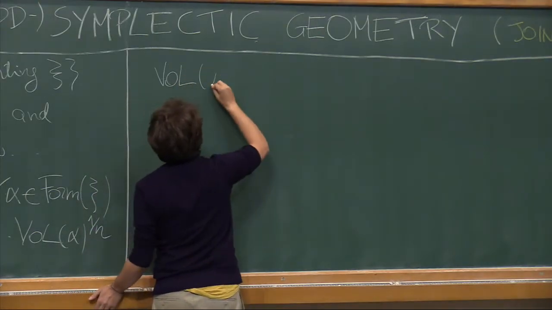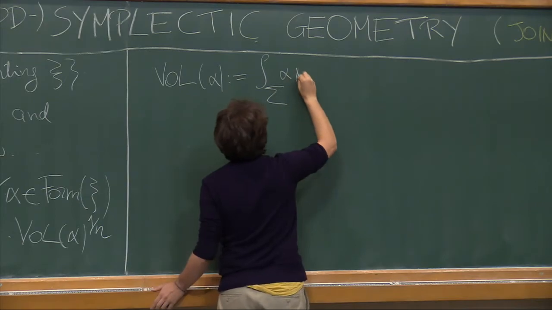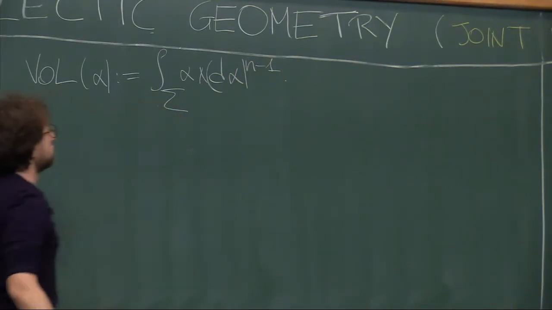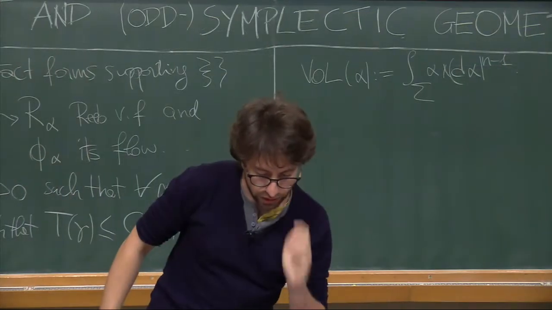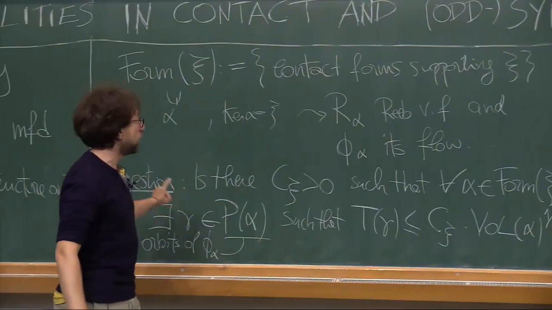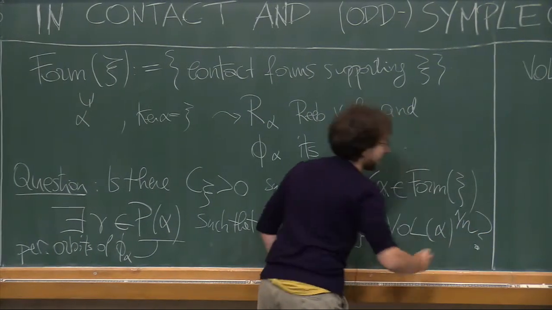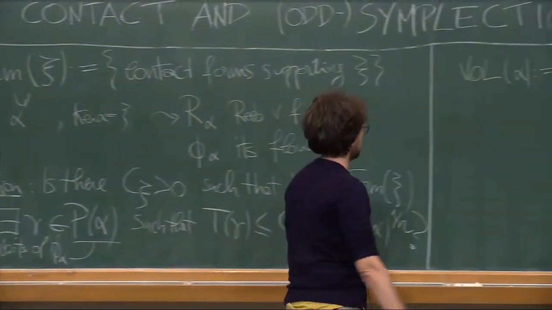I just recall the definition: the volume of alpha is the integral over Sigma of alpha wedge d alpha to the n minus 1. We can slightly rephrase the question in a way that's convenient for us later.